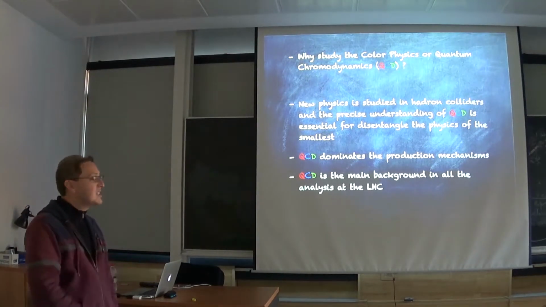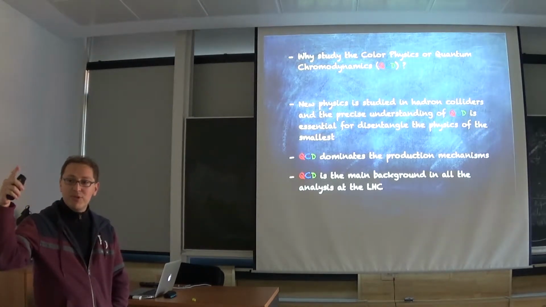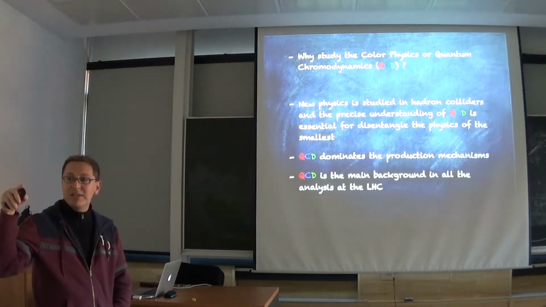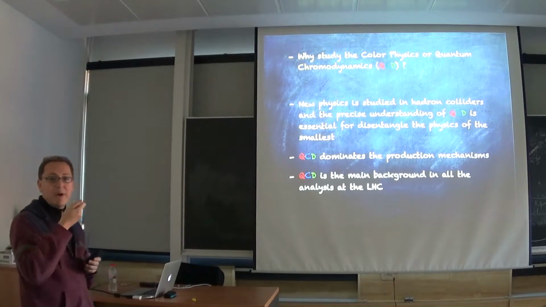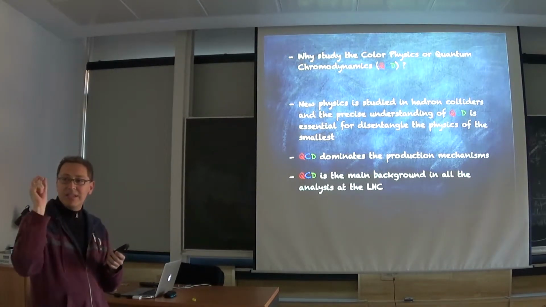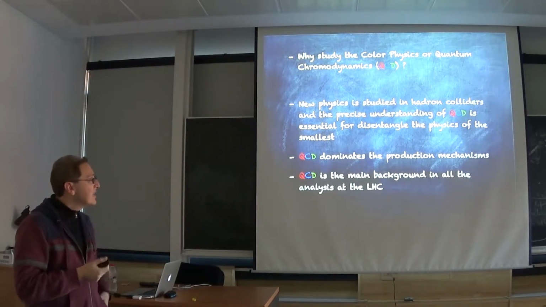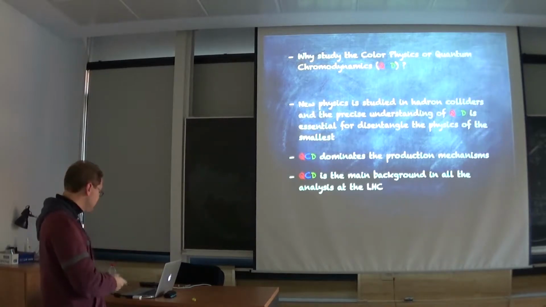But also QCD is the main background. So whenever you start with the initial state, it will be a proton, and the proton is made of quarks and gluons. Then you have to extract one of these partons and make them interact, and these processes have to be understood within the quantum chromodynamics framework.